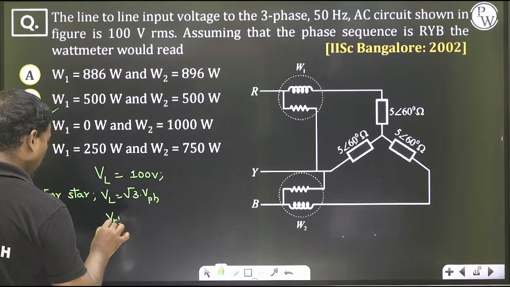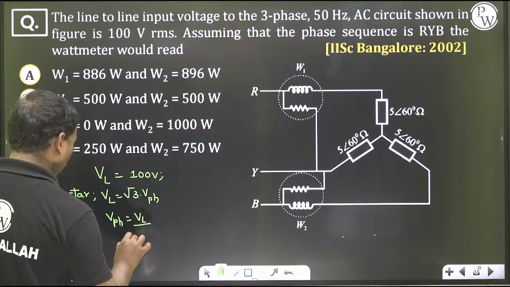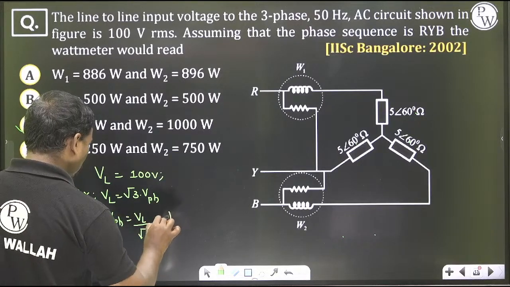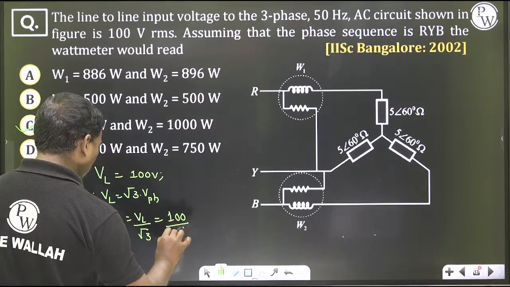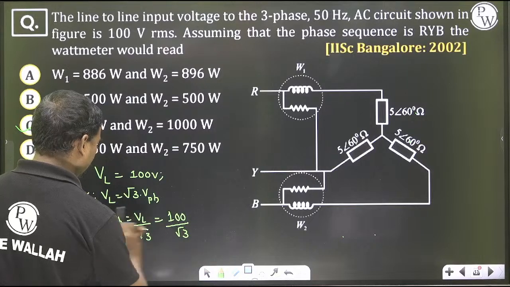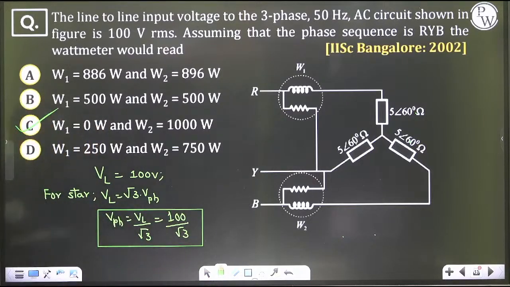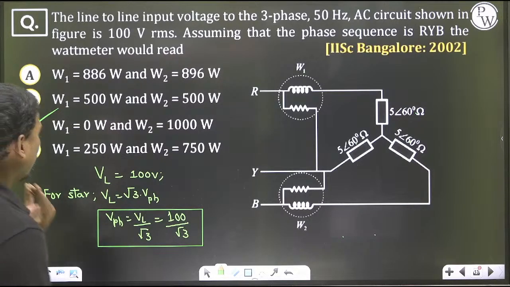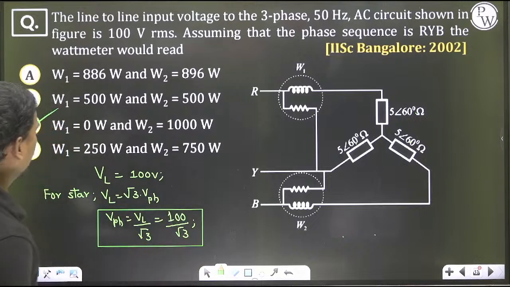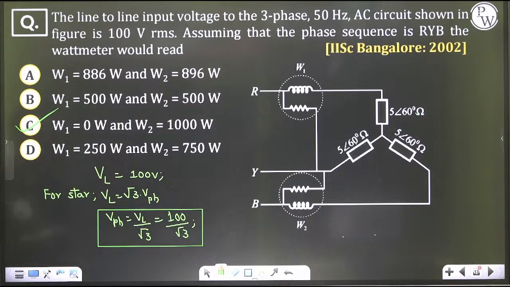So VPH is equal to VL by root 3, so that becomes 100 by root 3. Understood? VPH is equal to 100 by root 3. Okay, this is VPH.